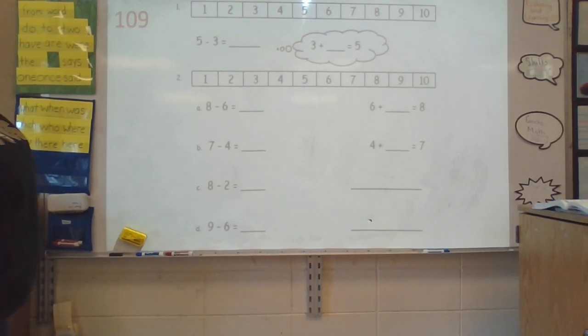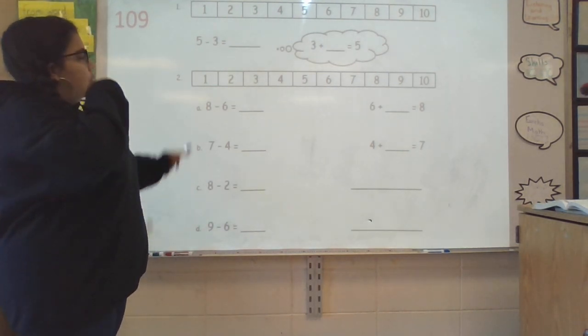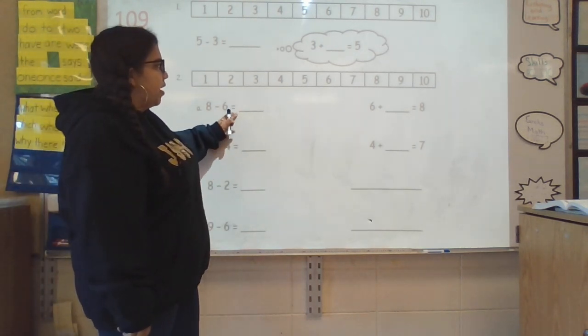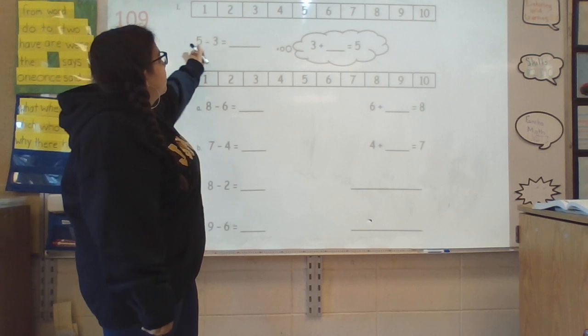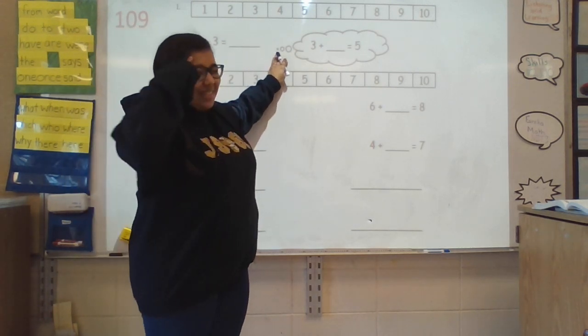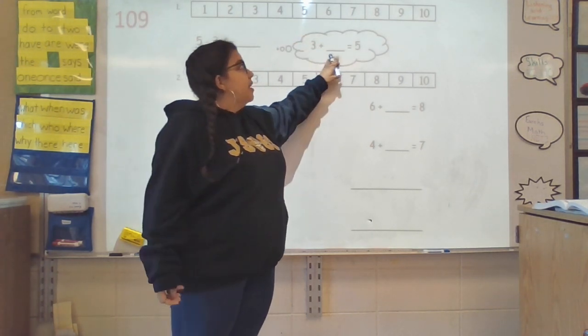That's what it's there for, so you have that number bond. What we're doing here, we're hopping to find the missing number, and we're matching the subtraction. See how it already has it set up, where the subtraction is written with the missing part at the end, and you're thinking about that addition where it's 3 plus something is equal to 5.